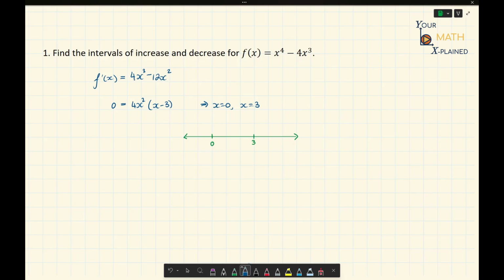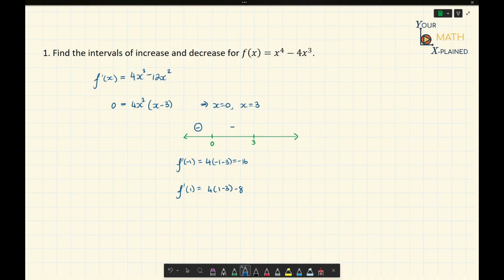So for our first interval, we can test what is f prime of negative 1. And this is going to be equal to 4 times negative 1 minus 3, which is negative 16. So therefore, it is negative over here. And then for our second interval, we can go ahead and test f prime of 1, and that's going to be 4 times 1 minus 3, which is negative 8.